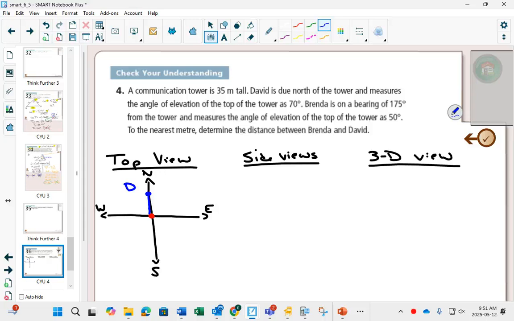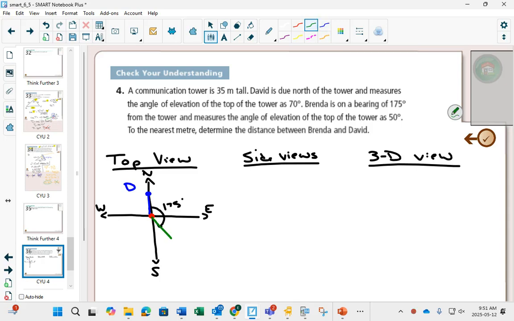And then Brenda is on a bearing of 175 degrees. So bearings measure from north. 175 degrees, excuse me, is almost 180 degrees. And I'm going to draw a line in green for Brenda.